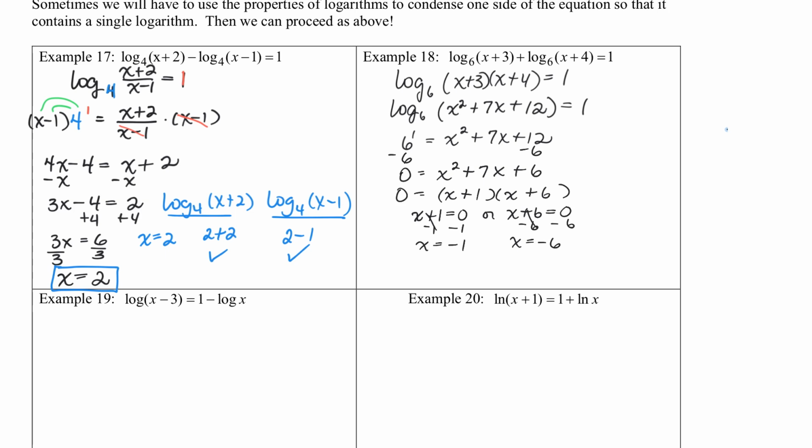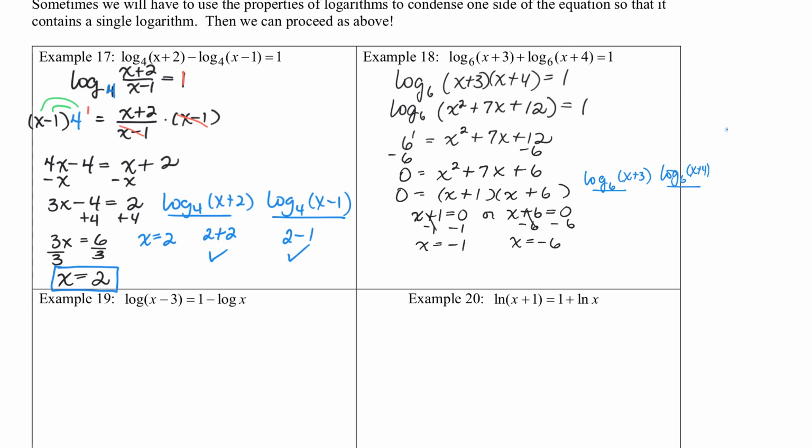Now, in order for me to make the determination about whether or not one or both of these are valid solutions, I need to check, right, in both log base 6 of x plus 3 and log base 6 of x plus 4, I need to check both x equals negative 1 and x equals negative 6.